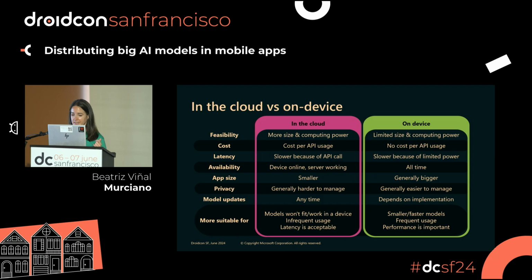Can you pay for it? Does it need to be always available even when you don't have any connectivity? Can you make the app a bit bigger? How big does it have to be? Is it going to be important? And then maybe consider privacy and model updates. For us, we've seen that those are not usually the things that make us change the decision, but they are important. They may be more important in other cases.